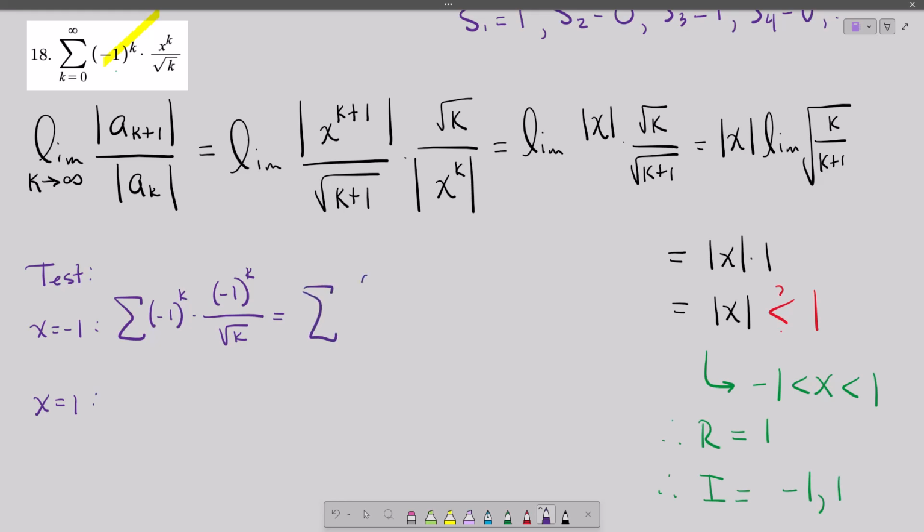So this is going to be -1 to the 2k divided by root k. And -1 to the 2k reduces to just 1, right? -1 squared is +1. So this is going to be 1 divided by root k.